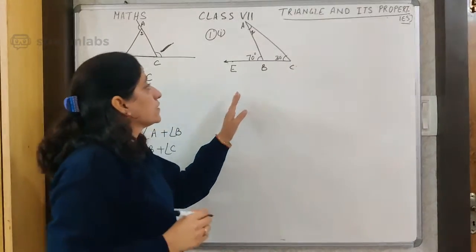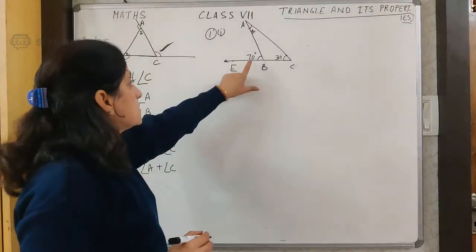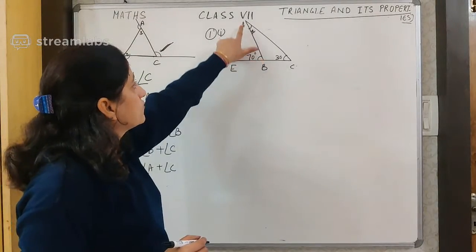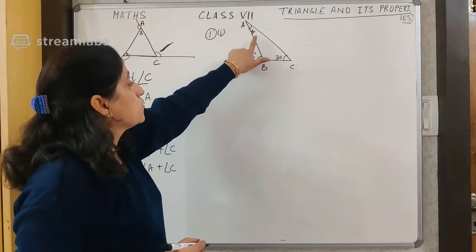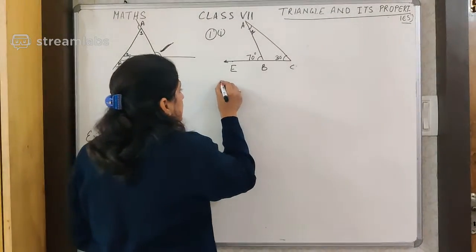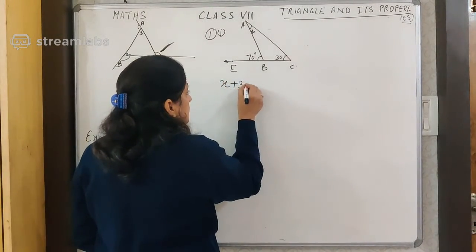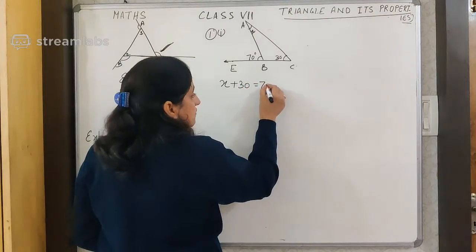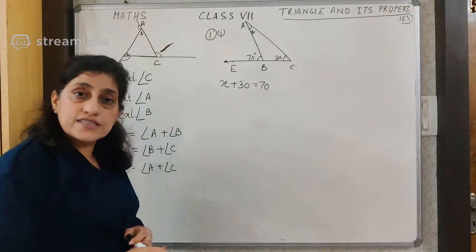Now here, what property can I use? This is the exterior angle I can see of the triangle ABC. This is equal to the sum of the opposite two interior angles. So what will I write here? Simply x plus 30 is equal to 70 degrees. And what reason am I going to write?